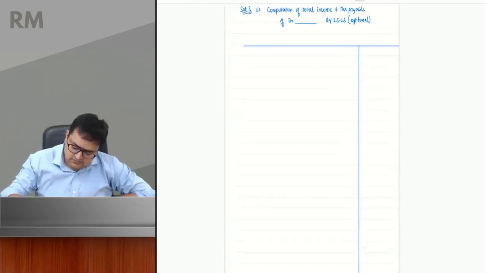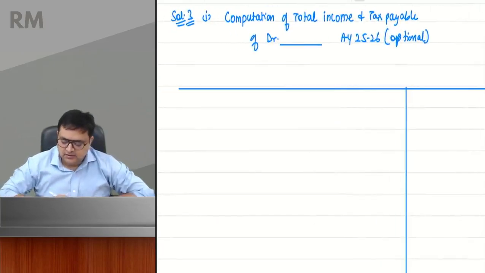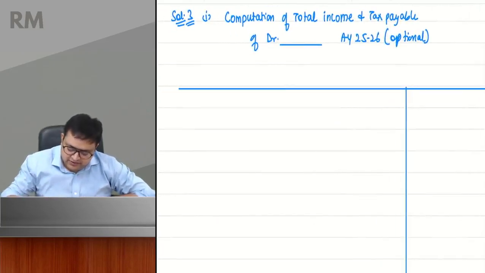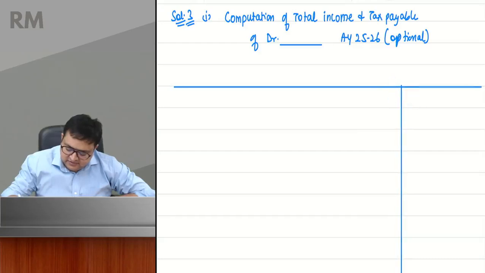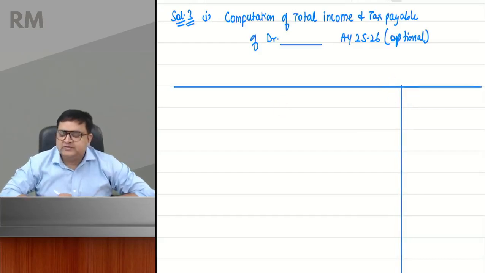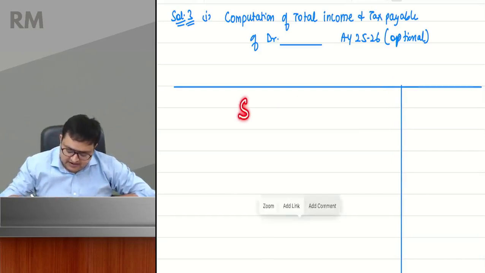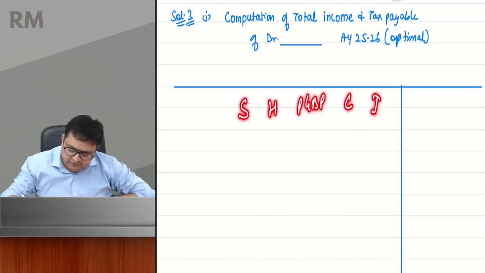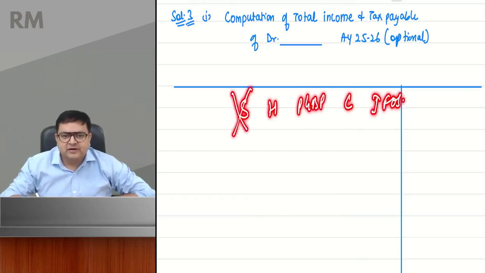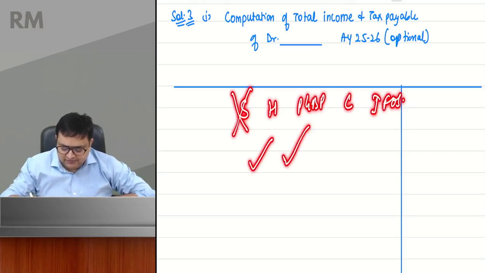Same thing I tell you, please see your elimination thing. Eliminate the heads which we don't have: salary, house property, PGBP, capital gain, IFOS. Salary, I think we don't have. Do we have salary anywhere? No. House property, indirectly, yes. PGBP, of course.